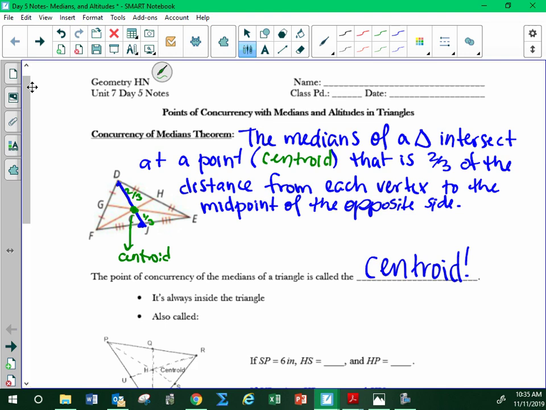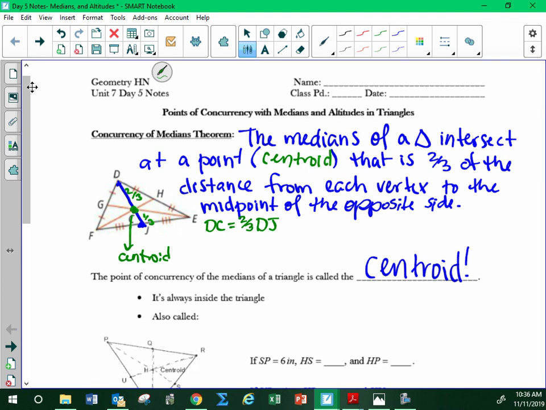The medians are not necessarily the same length, but they are all broken up into a 2/3 chunk and a 1/3 chunk. So let's go ahead and write that out in general terms. For our picture here, I would have that DC is equal to 2/3 of the whole thing, DJ.